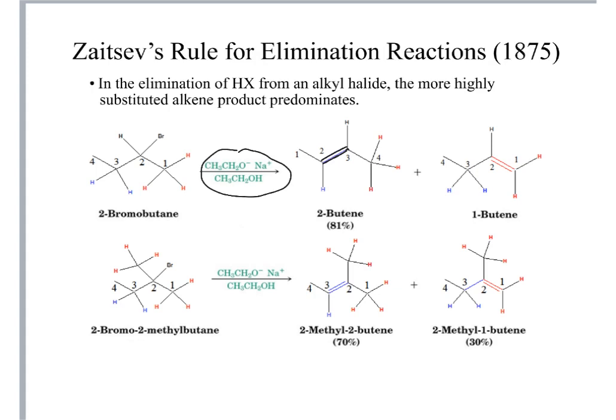Let's take a look at the elimination pathway of HBr from 2-bromobutane. Leaving group is at carbon number 2, and we have two alpha carbons.